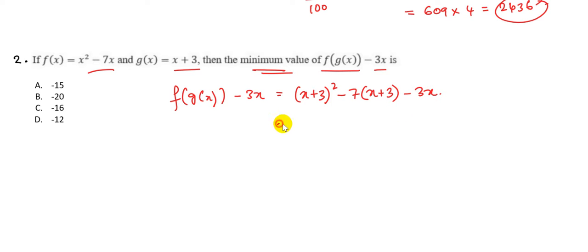Now this is obviously a quadratic in x, and if we simplify this, it will come out as x square plus 6x plus 9 minus 7x minus 21 minus 3x, which is x square minus 4x minus 12.